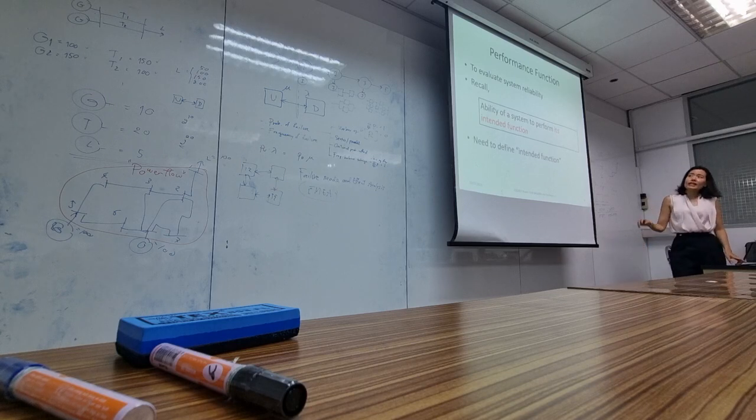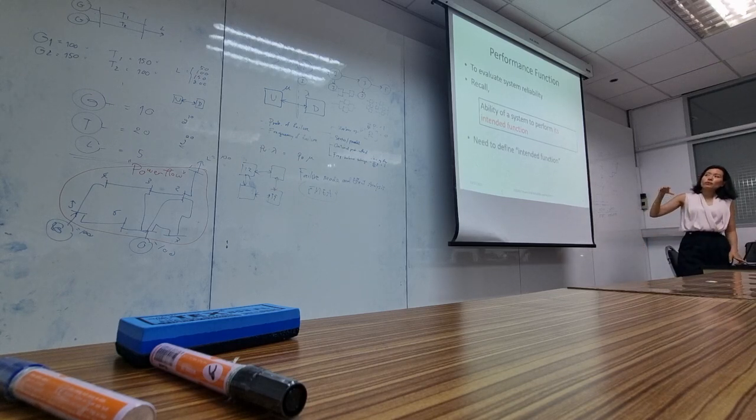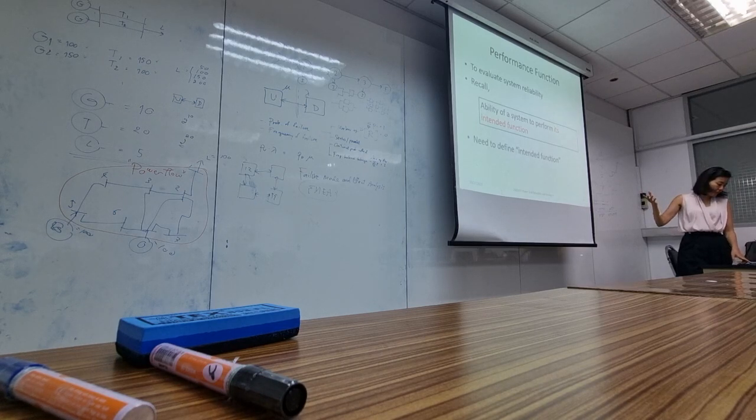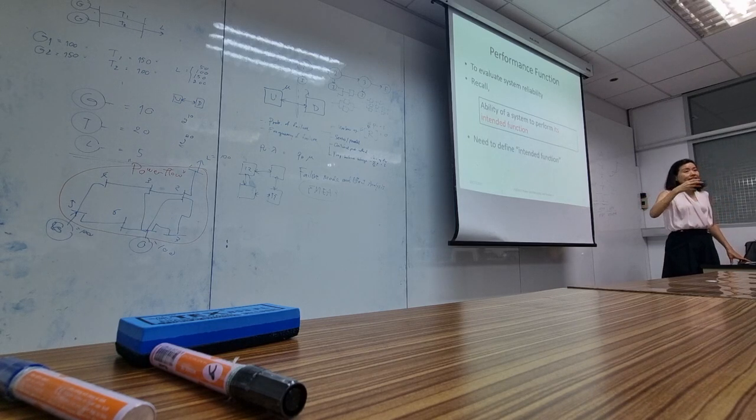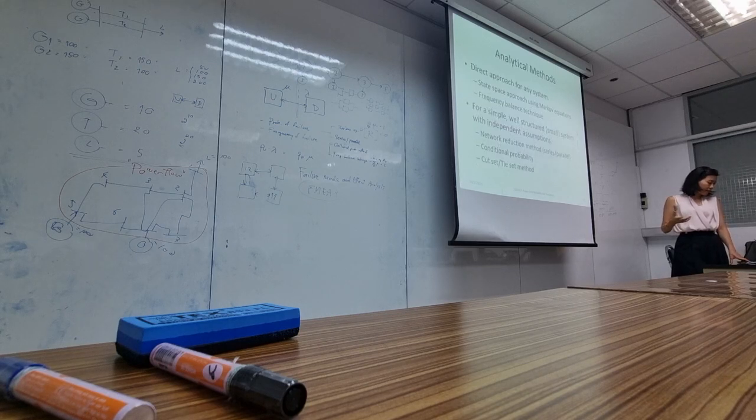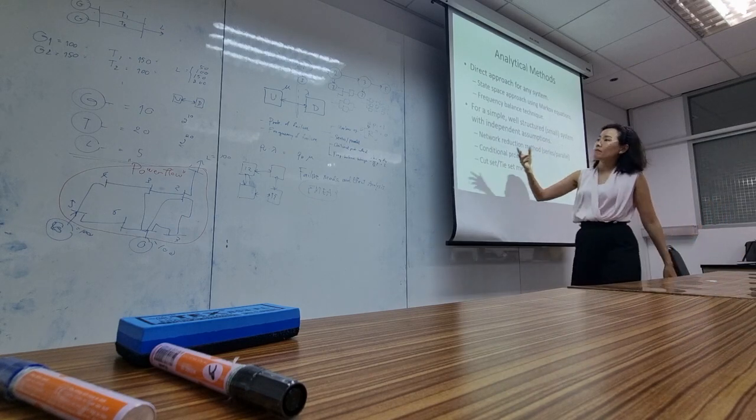So come back to the same idea. We want to know the ability of the system to perform its intended function. For power system reliability, that is whether the generator can serve the load. For the analytical method, we can write a state space approach.